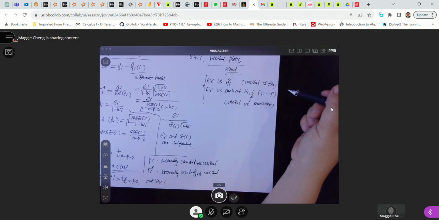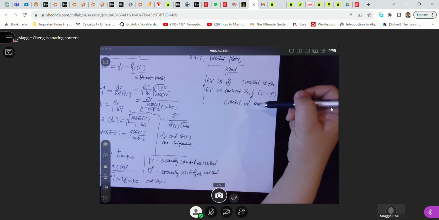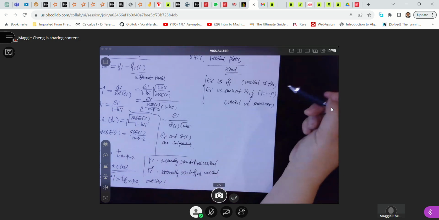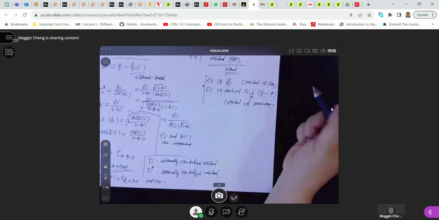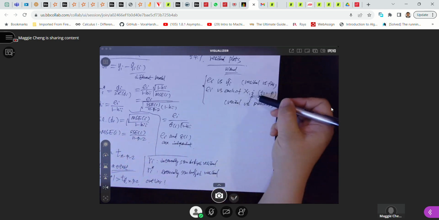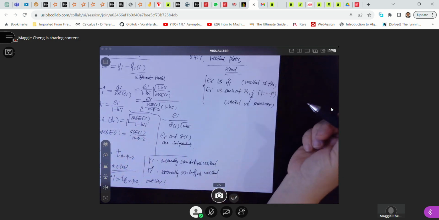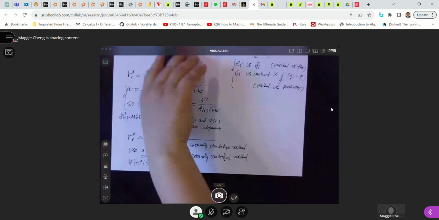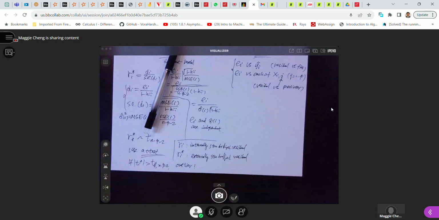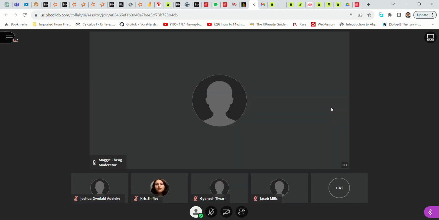If it's identical, that basically means you have a positive coefficient. If it's a mirror image, like a left-right flip, that basically means you have a negative slope for the predictor. I will first show you what it looks like when everything is right, and then you will have some idea of what it looks like if something is wrong.